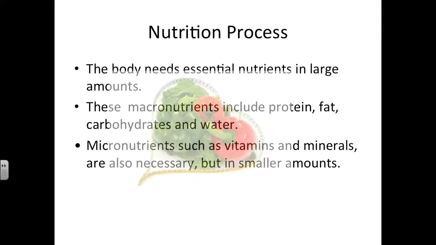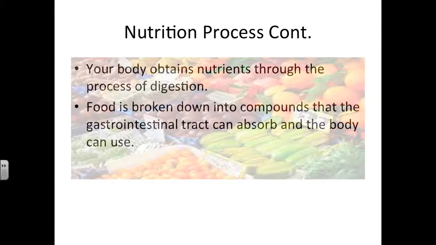These macronutrients include protein, fat, carbohydrates, and water. The micronutrients that we need, such as vitamins and minerals, are also necessary, but in smaller amounts. Your body obtains nutrients through the process of digestion. Food is broken down into compounds that the gastrointestinal tract can absorb and the body can then use.